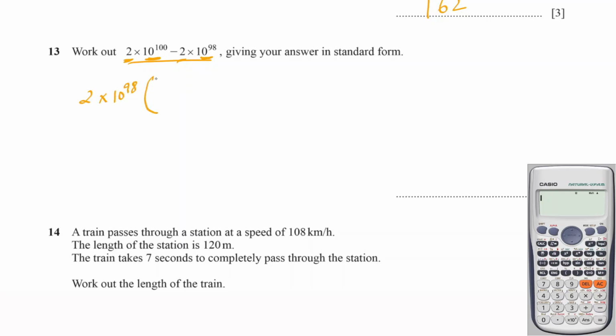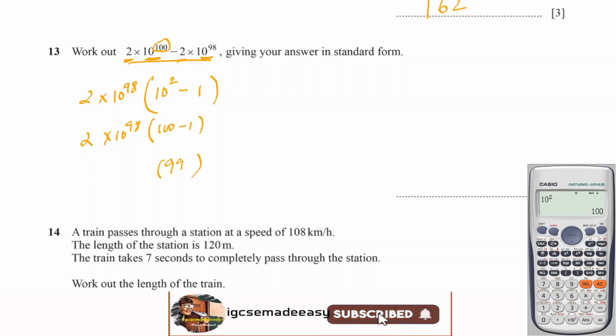Okay. So here we'll be left with 10 raised to power 2, because out of 100 we took 98, so 2 is left out inside, minus 2 into 10 raised to power 98, altogether we took it out, so 1 is left, right? So 10 raised to power 2 is 100, so 100 minus 1 is 99.